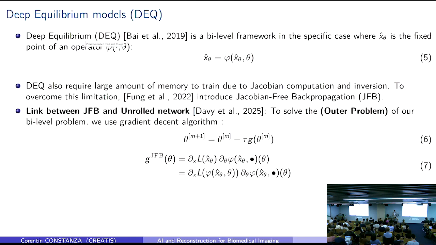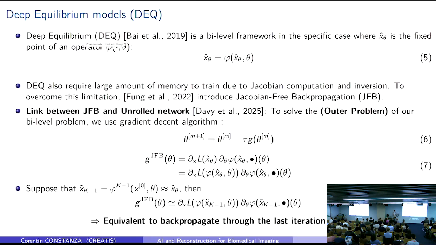If you are familiar with unrolled methods, it really looks like the unrolled method gradients. And in fact, if you make the assumption that your first k-1 iterations are a good approximation of the fixed point, then it is strictly equivalent to backpropagating through the last iteration only.